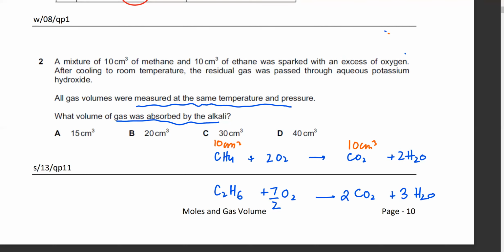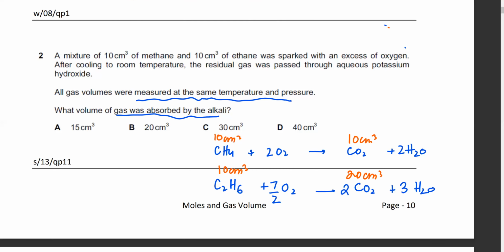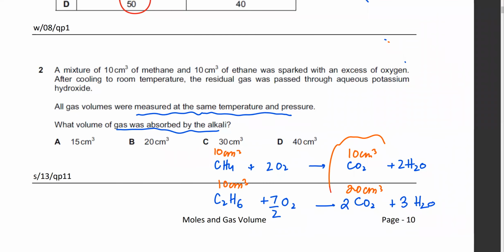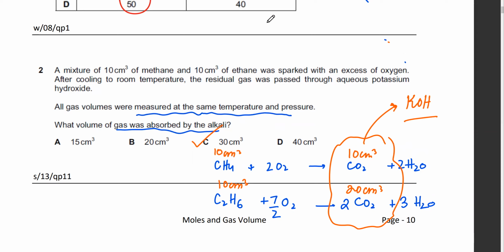If 10 cm cube of ethane is burnt, the amount of carbon dioxide produced would be 20 cm cube. So what's the total volume of carbon dioxide being produced? This is the volume that would be absorbed by the alkali. So that's 30. So the answer is going to be C. Is this clear as well? Yes or no? Yes, sir, it's clear.